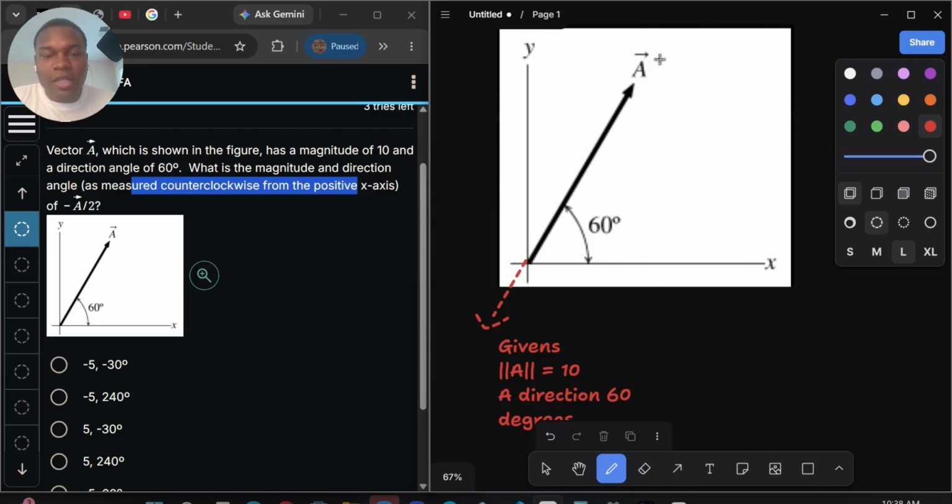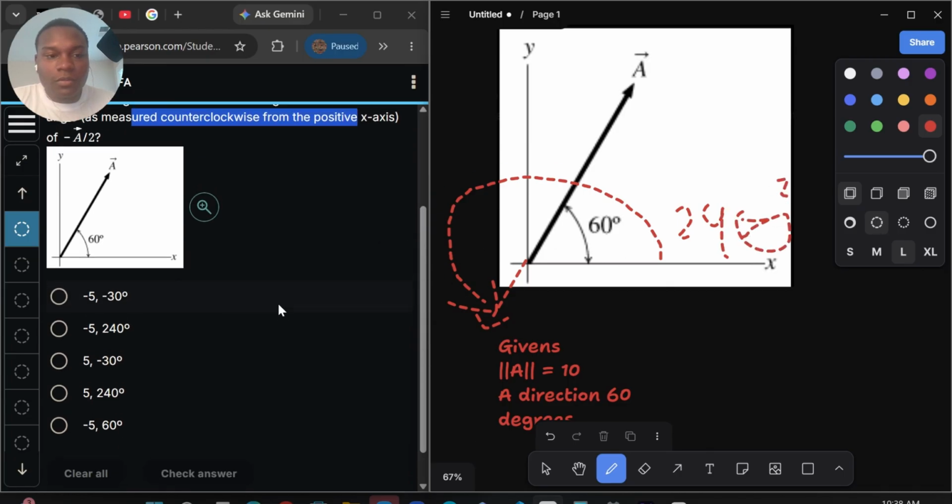To get the inverse, I think something really cool: if it's above 180, you subtract 180. If it's below, you add. So this would be 240 degrees from the positive x-axis. So it would go like that. 240 degrees, and divided by 2.